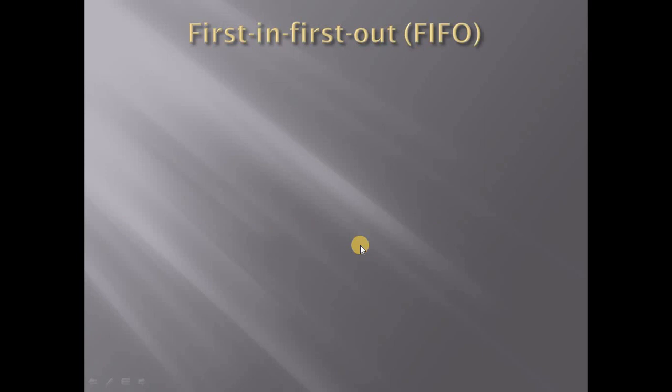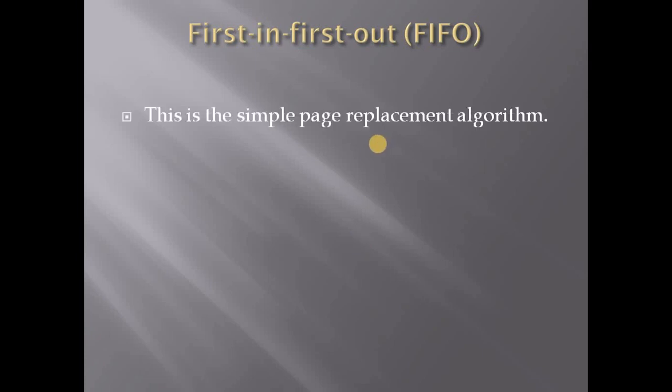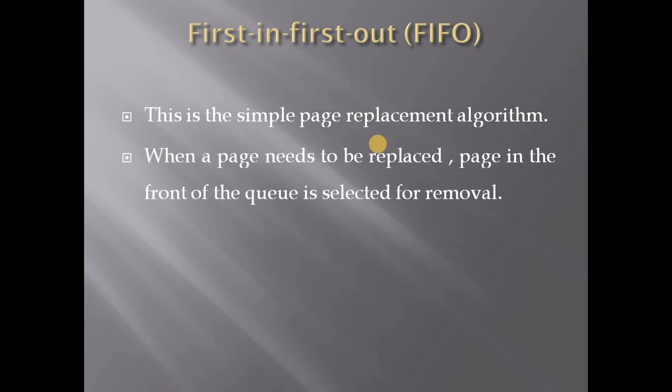So we shall see the first page replacement algorithm, that is first in first out. This is the simple page replacement algorithm. The simplest page replacement algorithm is FIFO, that is first in first out. When a page needs to be replaced, the page in front of the queue is selected for removal.